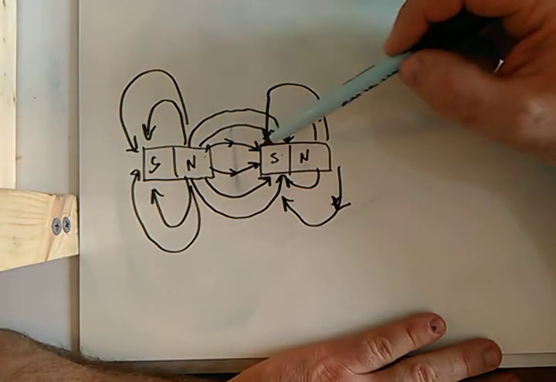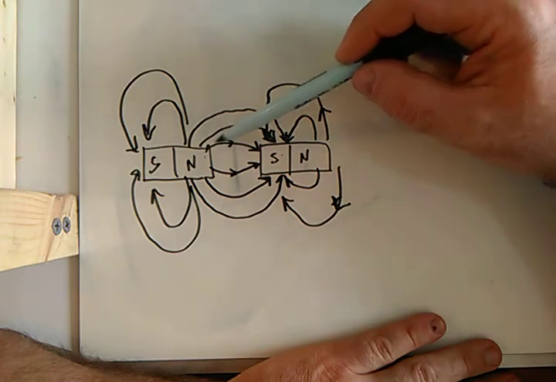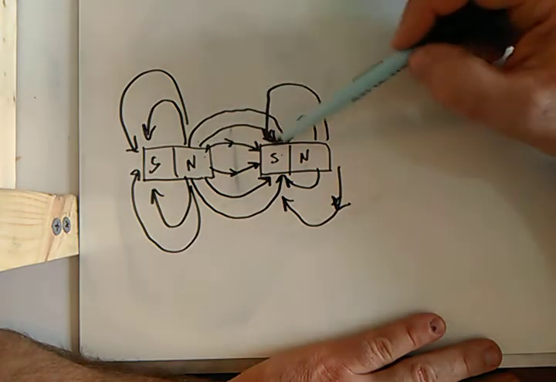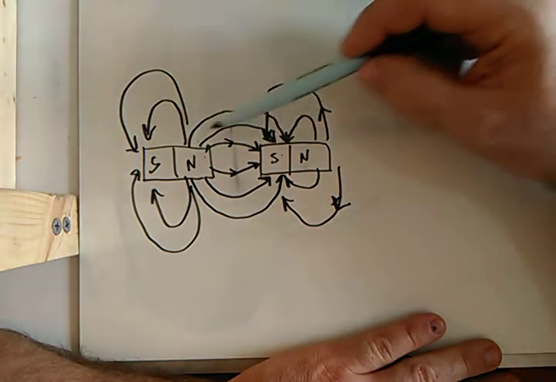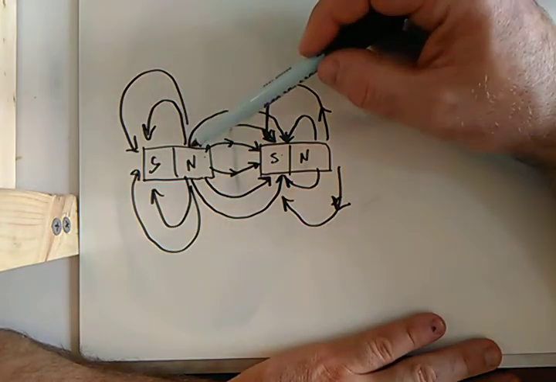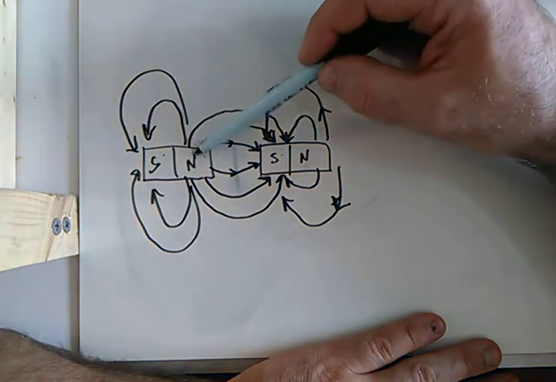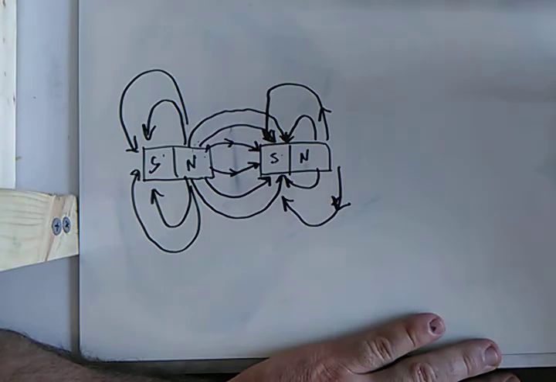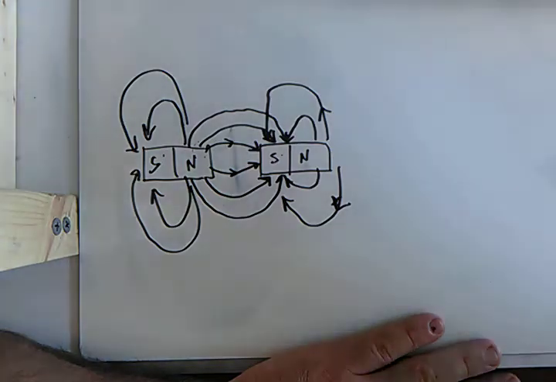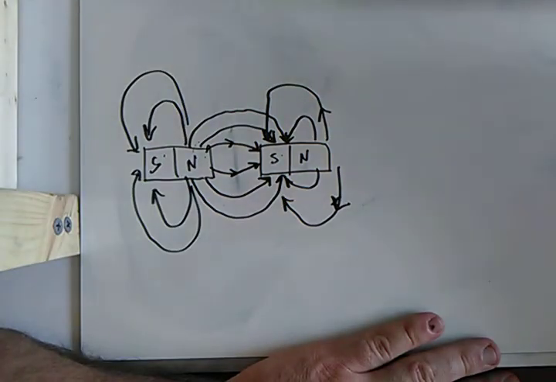You'll have field lines going from north to south, north to south, north to south. And then some of these north to south field lines will go from north to this south, from north to this south. So it looks kind of like a weird little image there. Okay, so that basically shows you what the magnetic fields would physically look like.